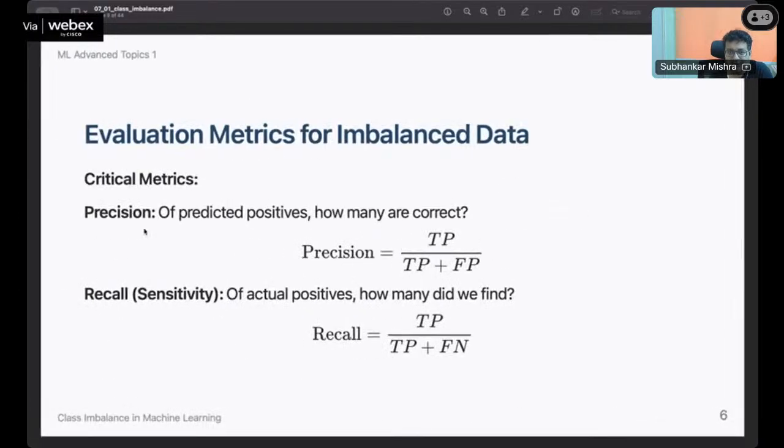Now recall says, of all the positives that are there, how many did we find? So it's true positive divided by true positive plus false negative. It's basically asking, did we find all the positives or not? High recall means we did not miss any. For example, with high recall in spam detection, we are detecting every email that was supposed to be spam.